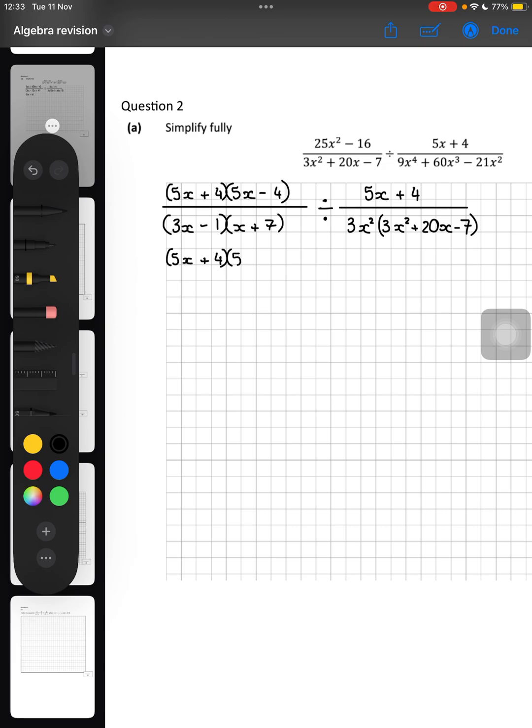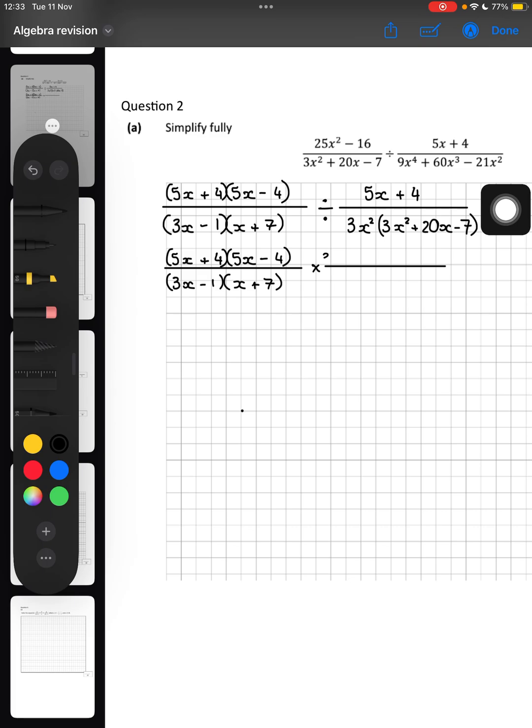So how do I get rid of a division symbol? Okay, if it's one fraction divided by another fraction, well, I can change the division to a multiplication because then I can do top by top, bottom by bottom. But if I change the division to a multiplication, I have to flip the second fraction. So I can change that to a multiplication, but I have to flip this fraction upside down.